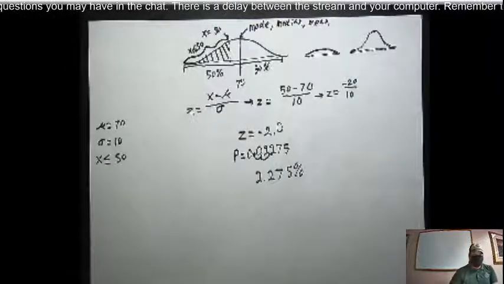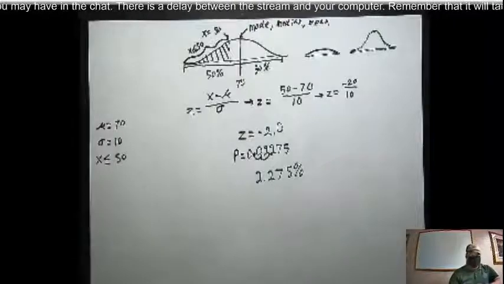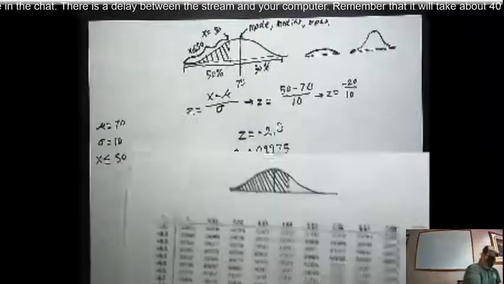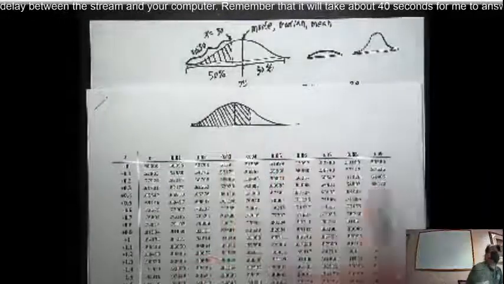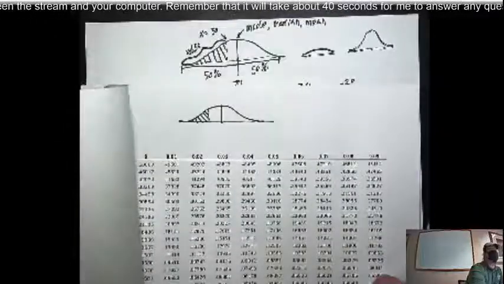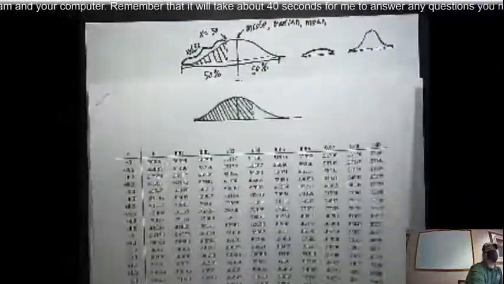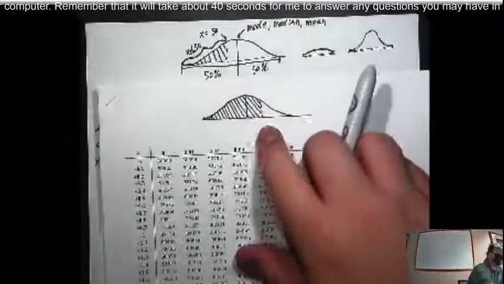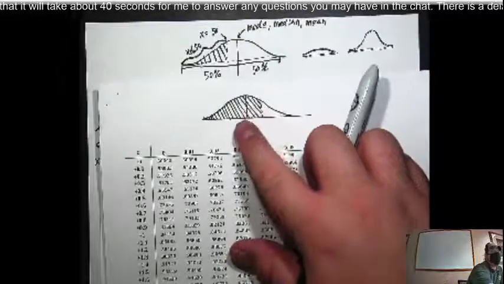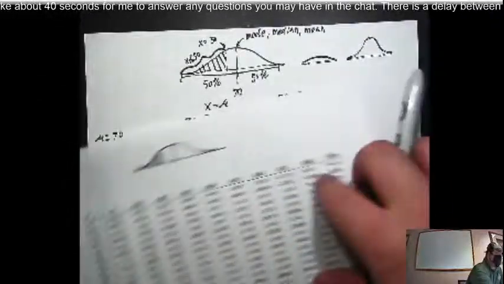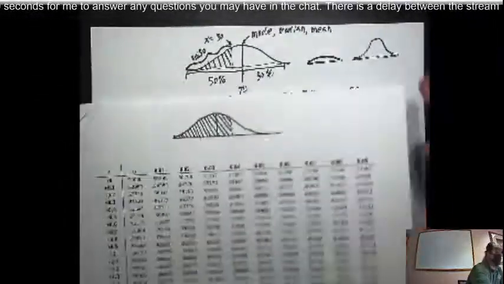So let's look at our z-tables real quick. I've put these images up here to help guide us to know when to use which table. So again, this one is if our x value is above the mean. This one is if our x value is below the mean.